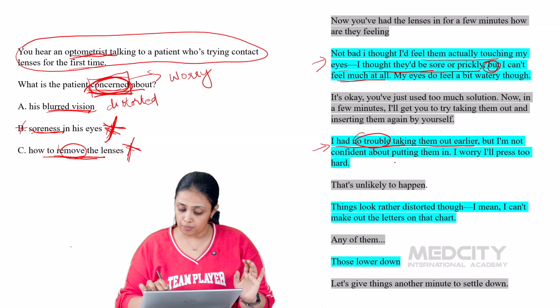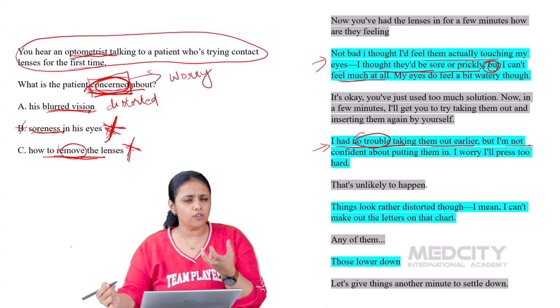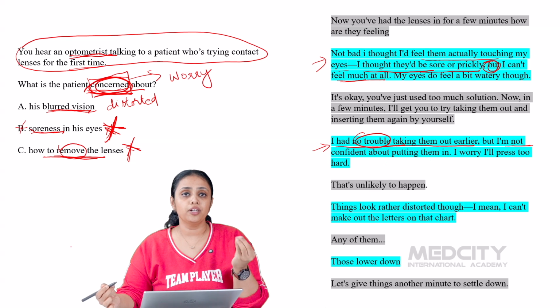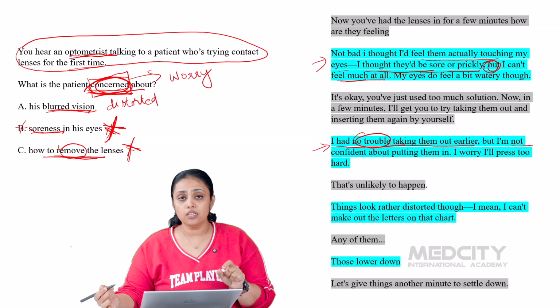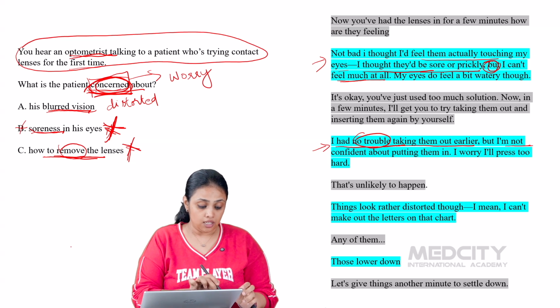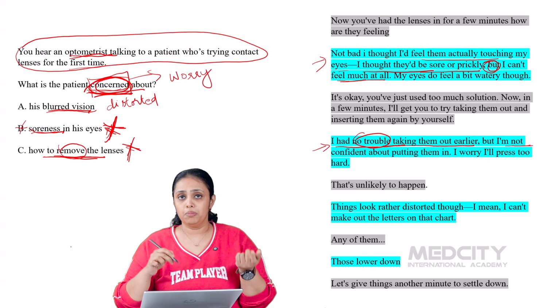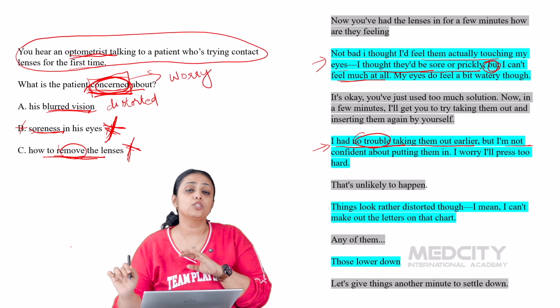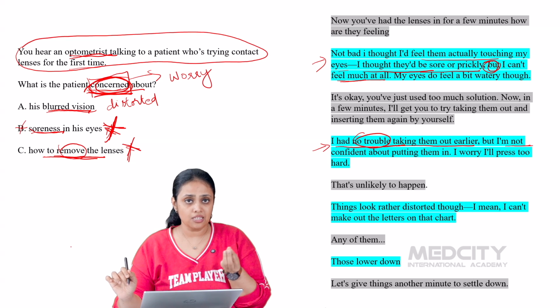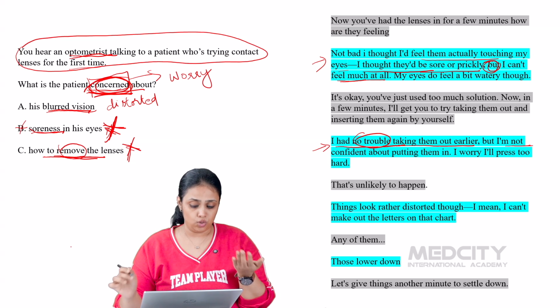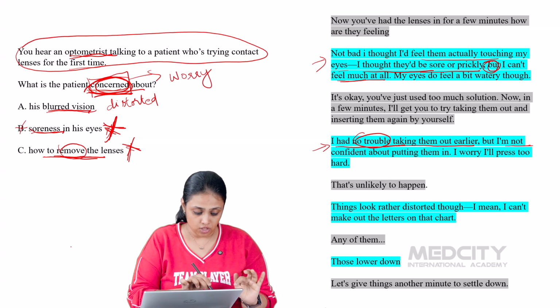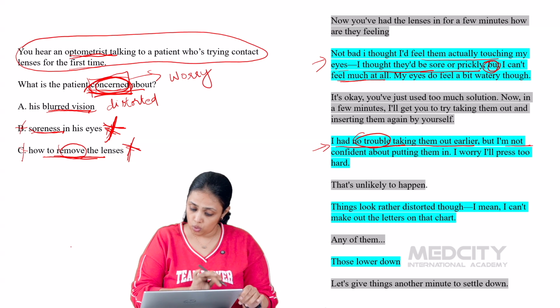But he's not confident about putting them in. Actually, so one of his worries is that he's not confident about putting them in. But do we have an option matching that? Here it is very clear, specifically mentioned that about the removal of lenses. But regarding that, what is mentioned in the audio, he has no problem regarding the removal of lenses, but he is not confident with putting them back. But that option is not there, so we cannot choose this one. This is obviously wrong because he's okay with that.